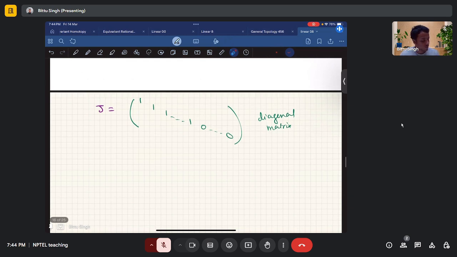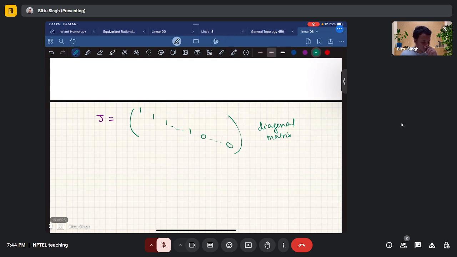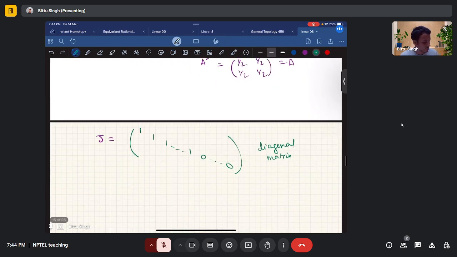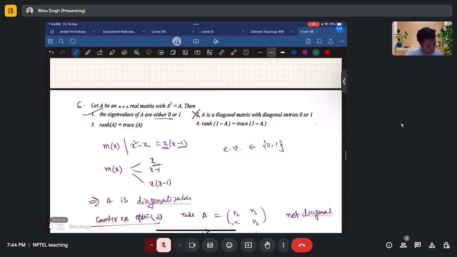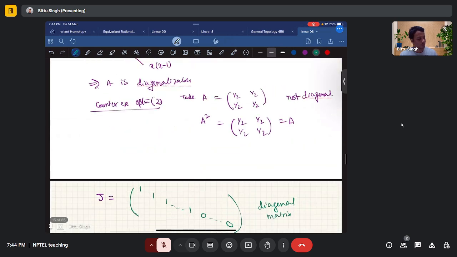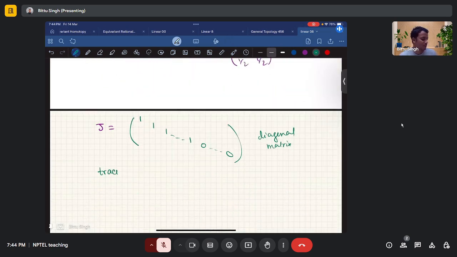Now, what is the trace of A? We see the trace of J is the same as the trace of A, because the trace of A is the sum of eigenvalues, and similar matrices have the same eigenvalues.